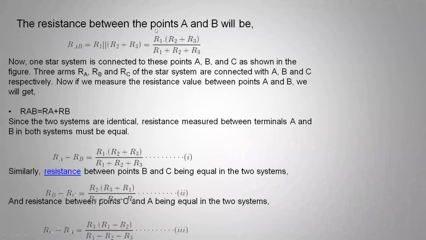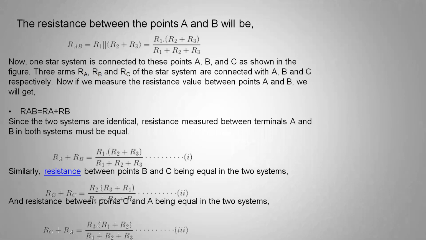The resistance between points A and B in the star connection is RAB. In the delta connection, R1 is parallel to R2 plus R3. What is a parallel connection? When 1 and 2 are connected in parallel, it is 1 into 2 by 1 plus 2.